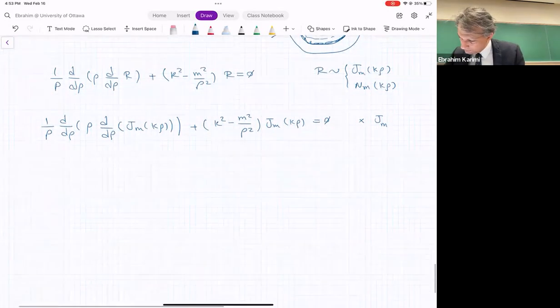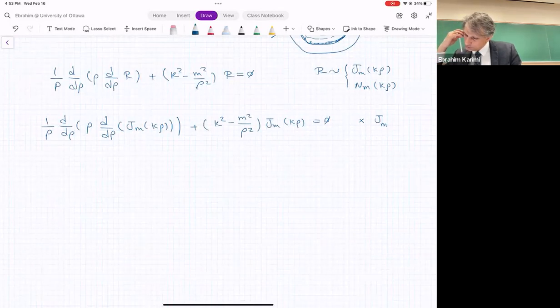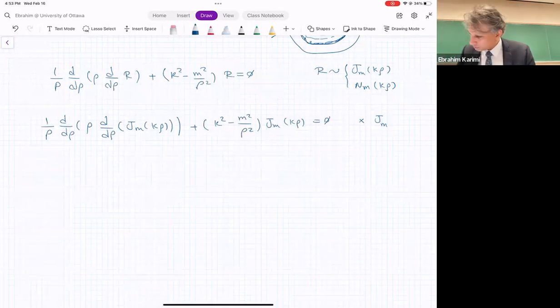Let me cast this as m prime, or I should go with the k prime. If I go with the k prime, it will be Jm of k prime rho. The m goes away. That's by part that gives me the solution. Then I will get k minus k prime equal to 0. Okay, let's go with this.